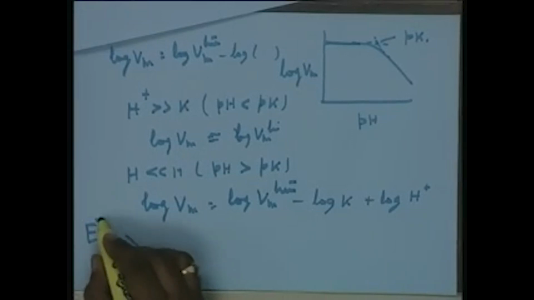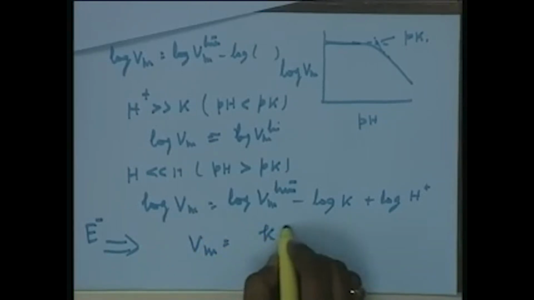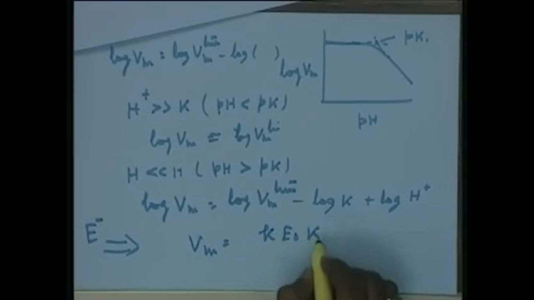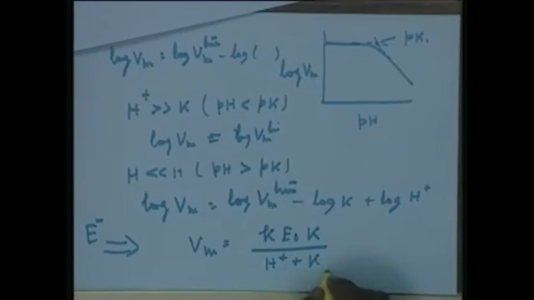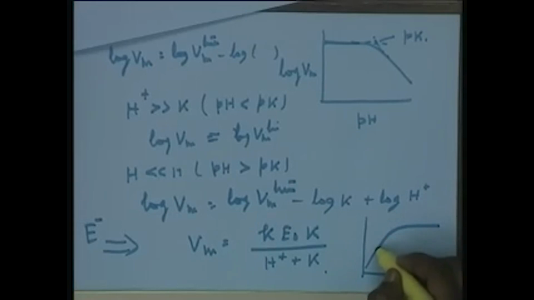In the case where E minus is the active form, the rate profile will be Vm equal to k E naught K upon H plus K, and you can analyze it in the same way, and the profile obtained will be the reverse of this, and again you get the pK value.